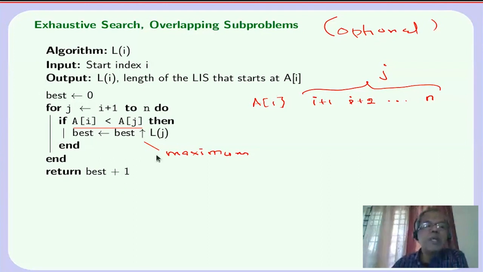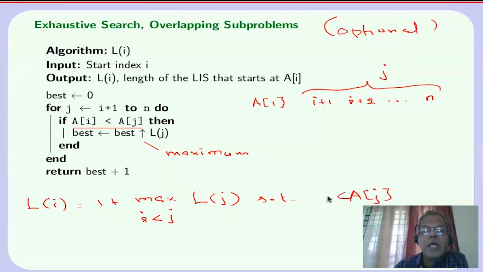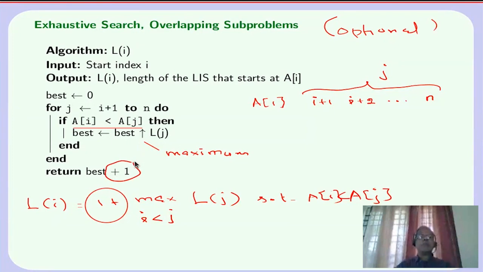And the final answer is not simply the largest L, it is the largest L plus 1, because we wrote L of I is 1 plus the maximum of all L of j for j greater than I, such that the jth element is larger than the ith element. So this 1 plus is what we do here. Very simple. We have solved the problem.